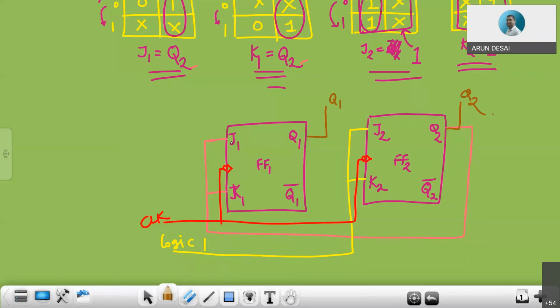J1 and K1 are connected to Q2 since it is there in the expressions, and J2 and K2 are connected to logic 1, right? The clock signal is directly applied to all the flip-flops present in the circuit. So this is how we are designing a 2-bit synchronous counter.